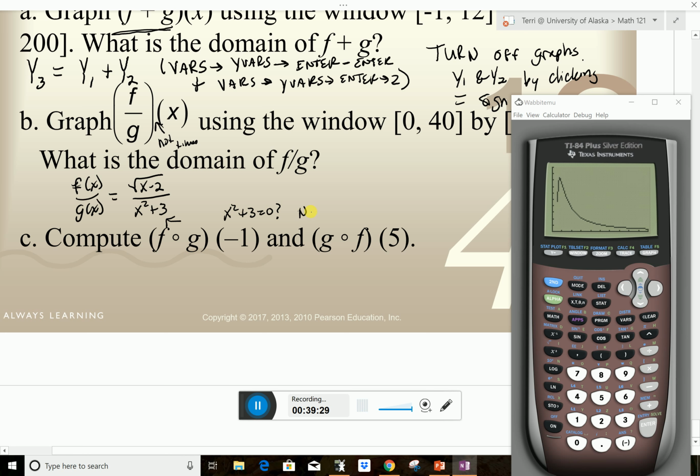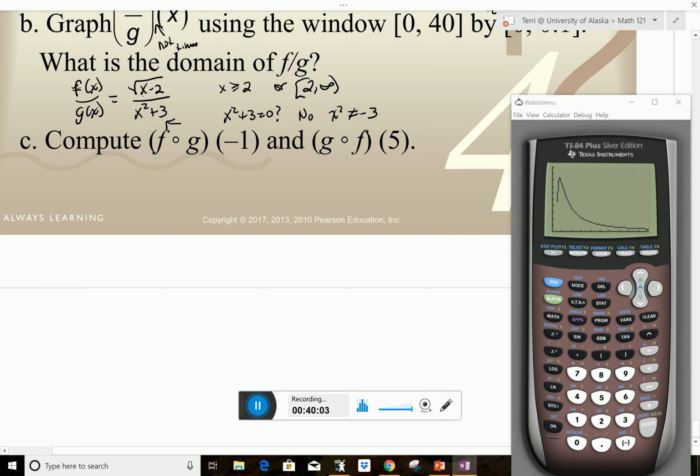No, because x squared cannot be equal to negative 3 in the real numbers. So again, the only issue is the positive 2. So again, that's the only problem, is that x has to be greater than or equal to 2, or again, 2 to infinity. So same domain on both of these.